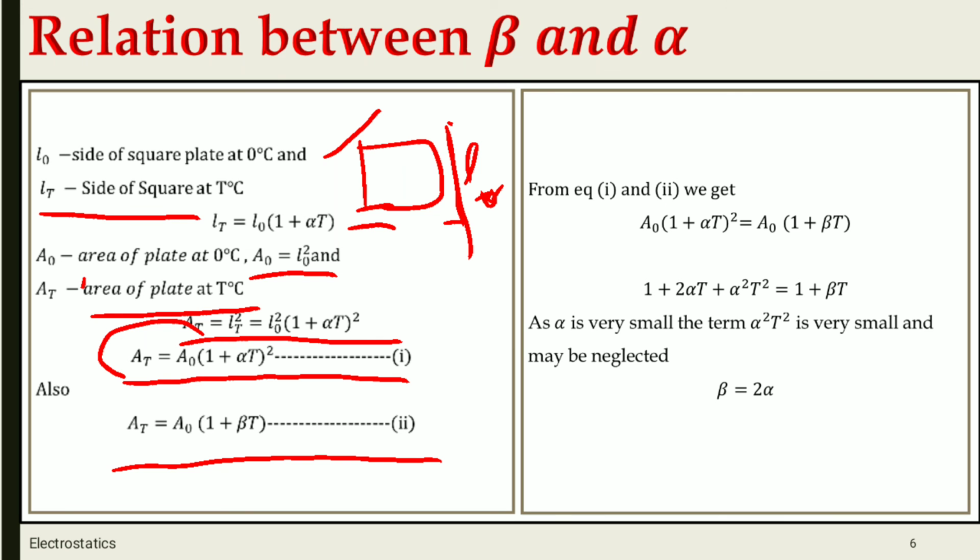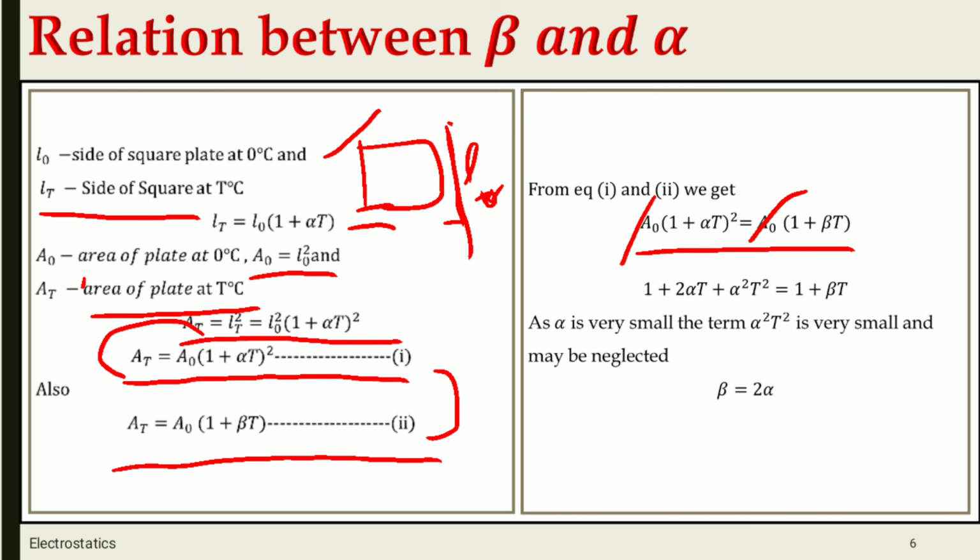So if the RHS of both the equations are same, you can write A0 into 1 plus alpha T square is equal to A0 into 1 plus beta T. So A0 will get cancelled from both the sides.